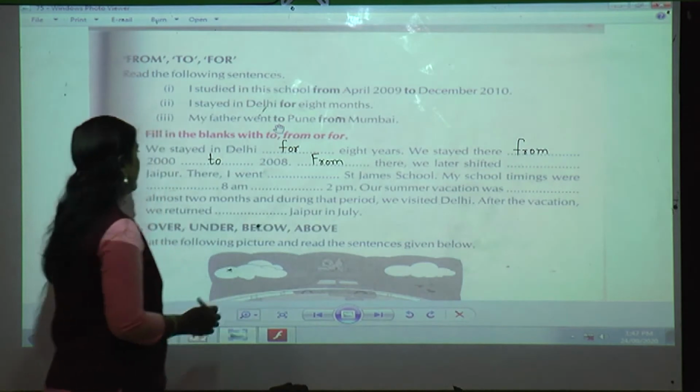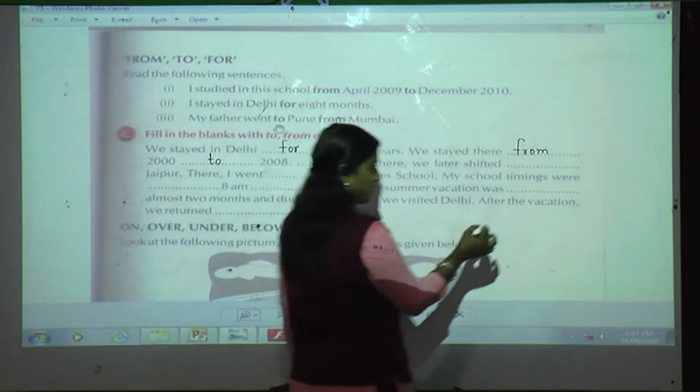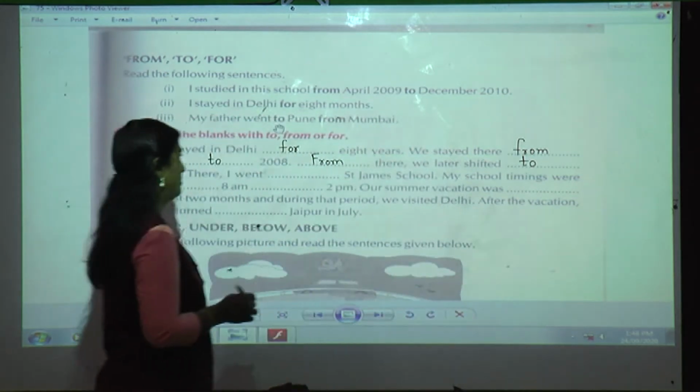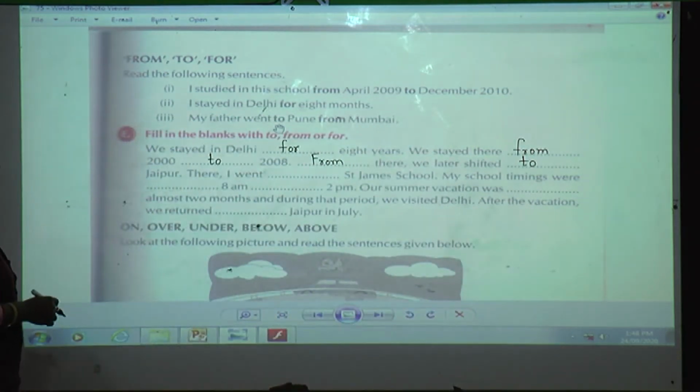From there we later shifted. Which preposition will come? Yes, we shifted to Jaipur. Again I'll repeat. We stayed in Delhi for 8 years. We stayed there from 2000 to 2008. From there we later shifted to Jaipur.